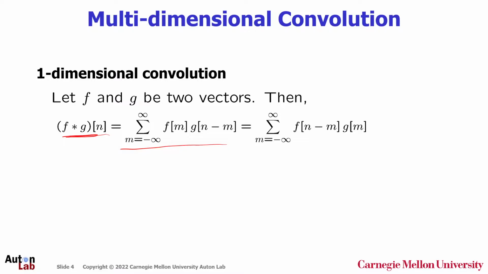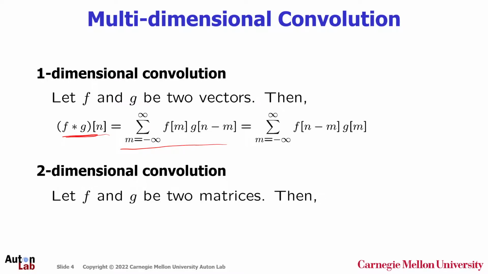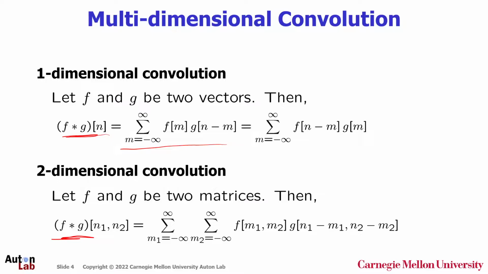For example, let f and g be two matrices, then the convolution of f and g matrices is another matrix, and the value of that matrix at location n1, n2 is defined by this expression. If f and g were functions with multidimensional domains, then the convolution would be defined with multidimensional integrals.